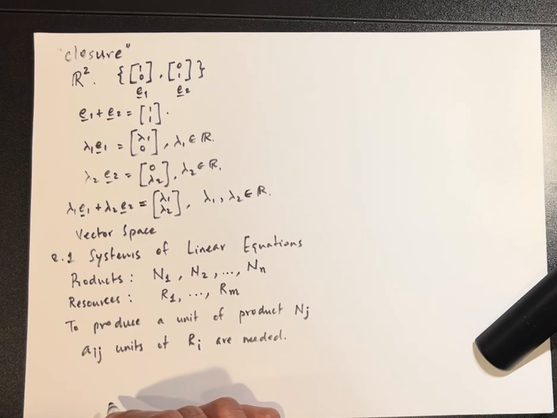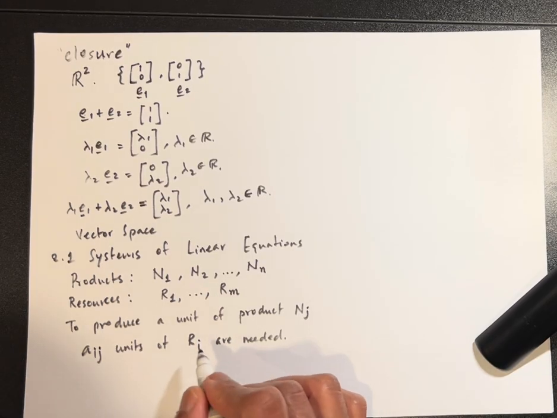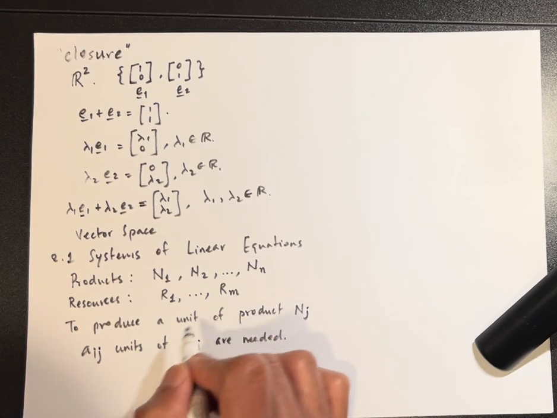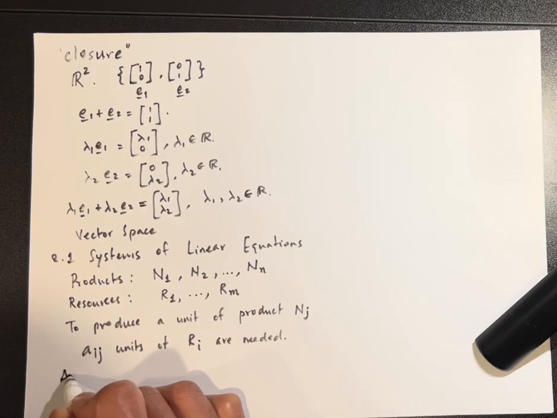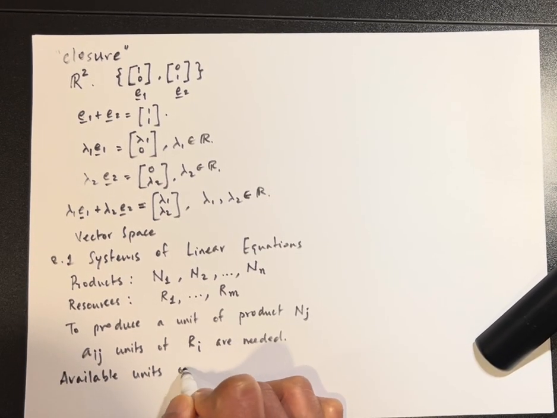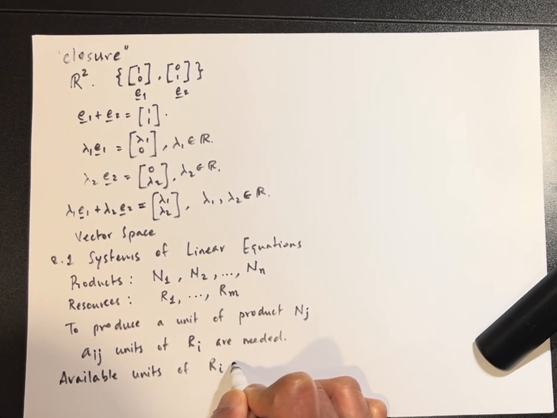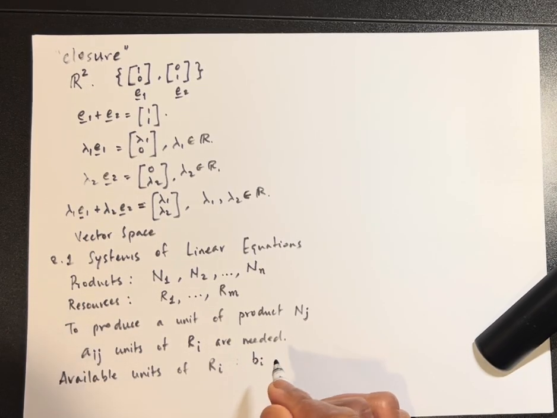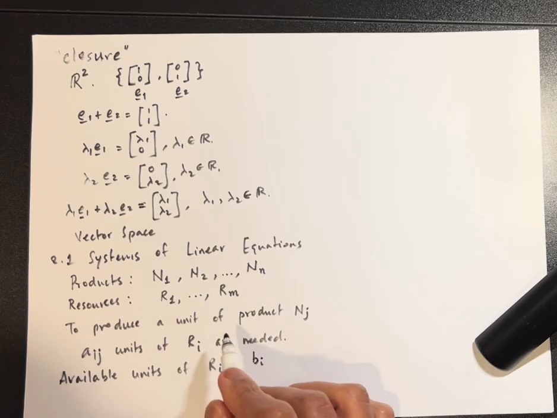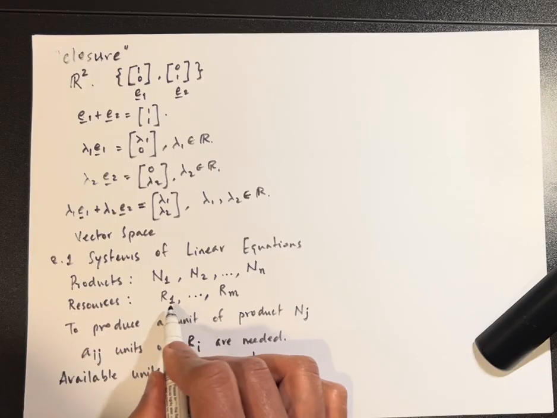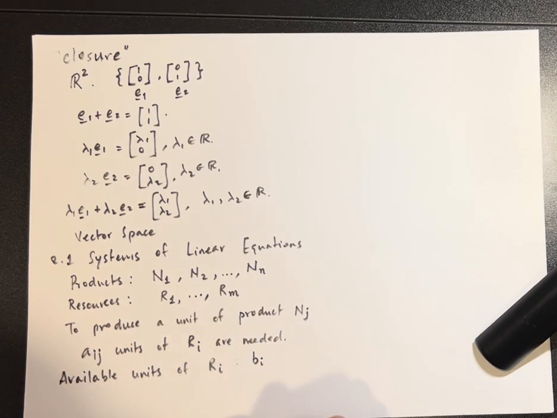So they are saying that bi units of resource Ri are the available units of Ri. So the bi means, let's say for example you're making pastries, and then you need flour, and then you need sugar.